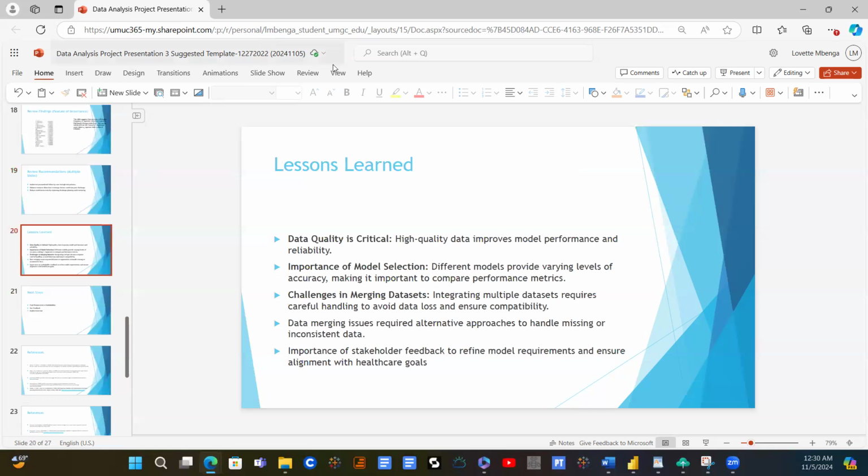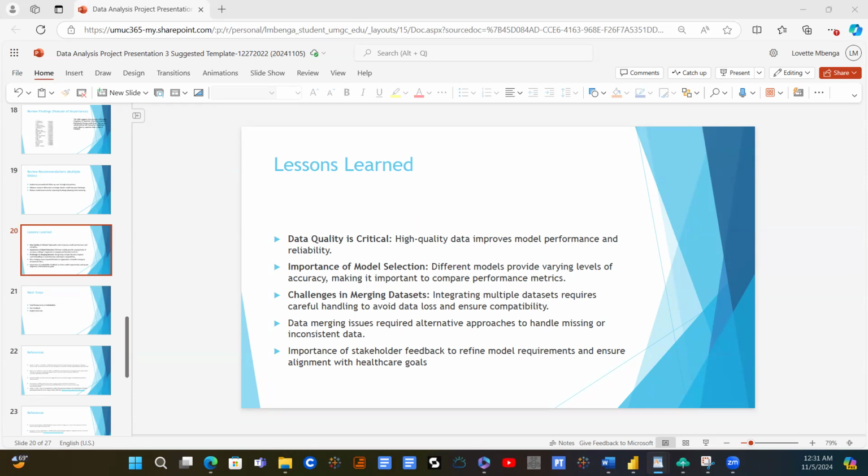Lessons learned throughout this project: in order for my analysis to be successful, we have to have good quality data. The data has to be well cleaned, with no missing data.